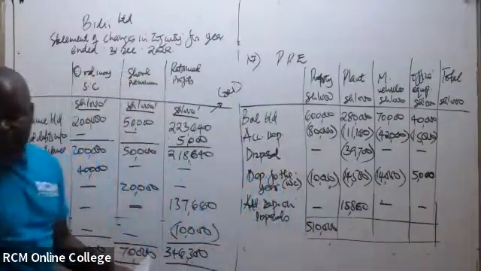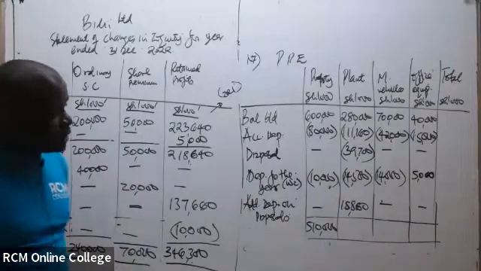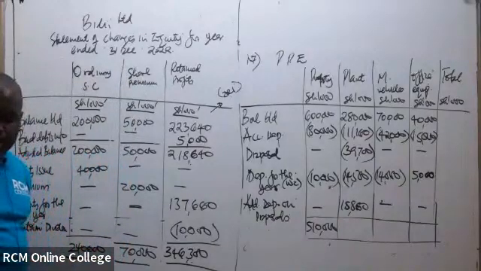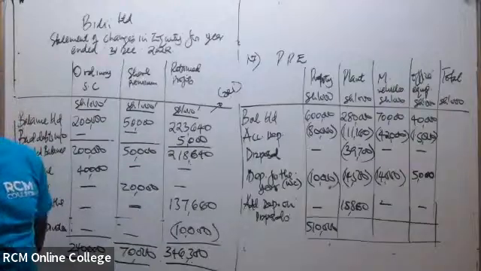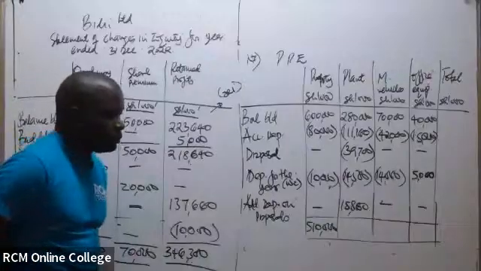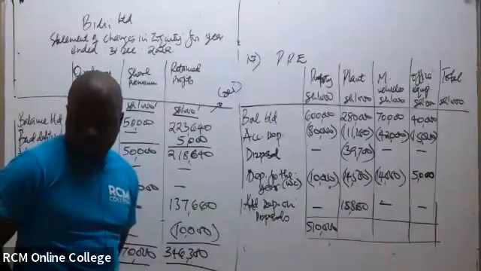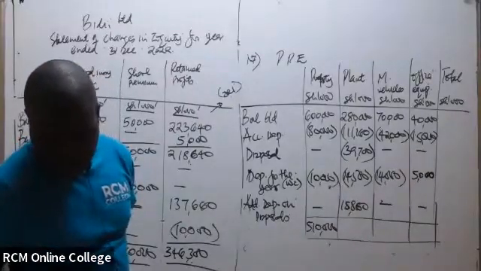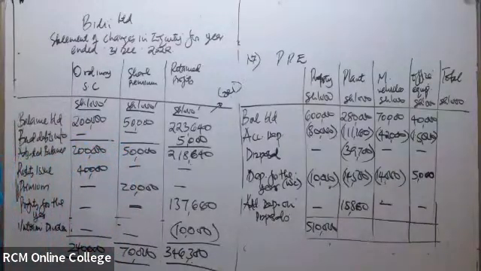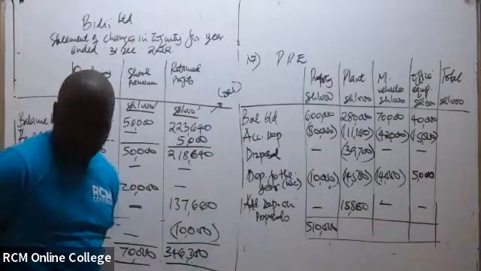Under plant, how much are you getting? Try to do the computation under plant and tell me the figure. Under plant, how much are you getting? 98,780. 135,500.